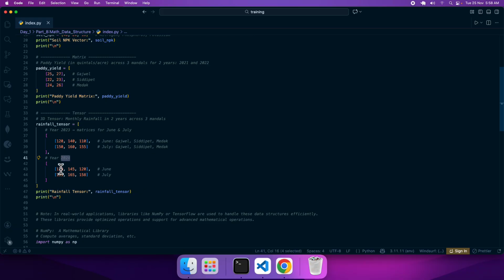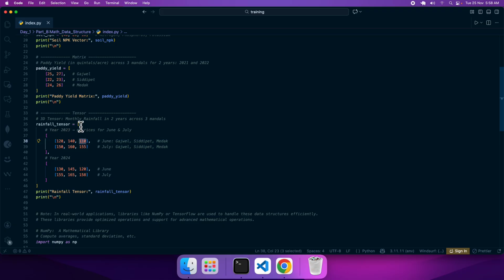Now inside this, when you pick up this one, this is the information of the month of June, right? In this June I have 3 different columns, and they are of 3 different mandals, or you can say districts: Gajwel, Siddipet and Medak. So this is for Gajwel, this is for Siddipet, and this is for Medak.